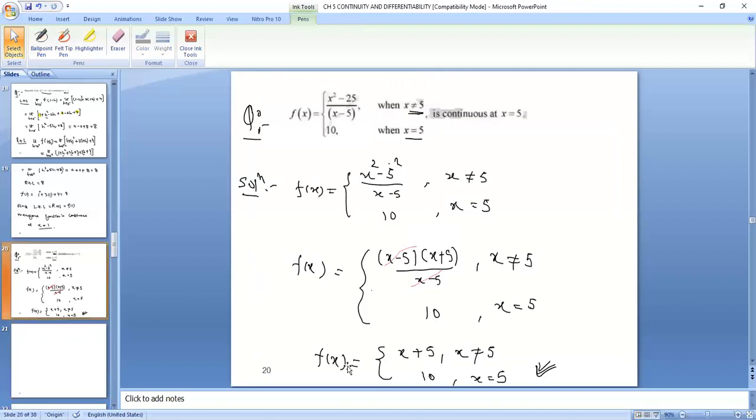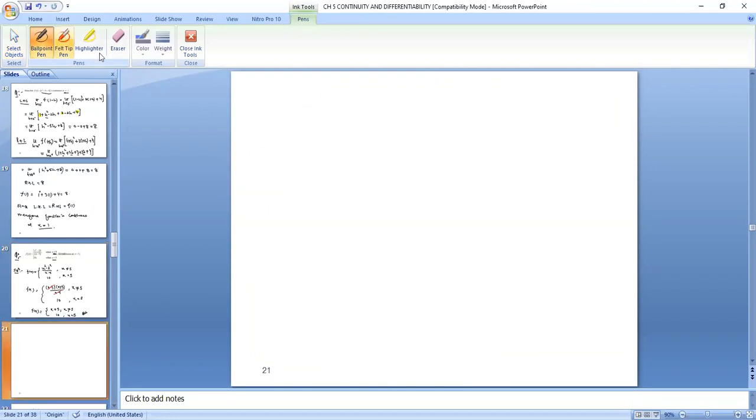So f of x equals x plus 5 when x is not equal to 5. Taking this function, we will be solving.